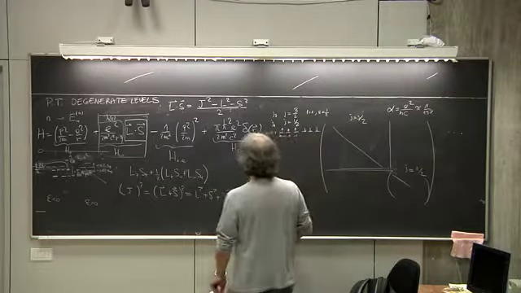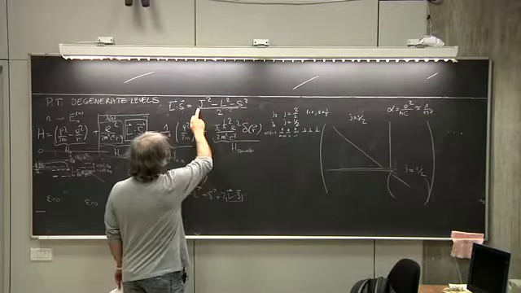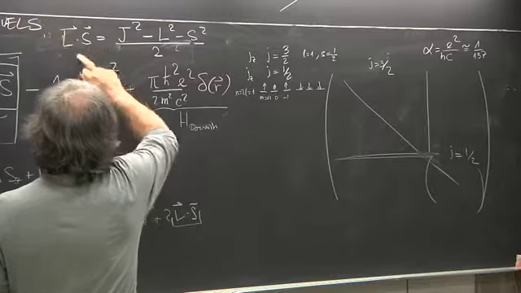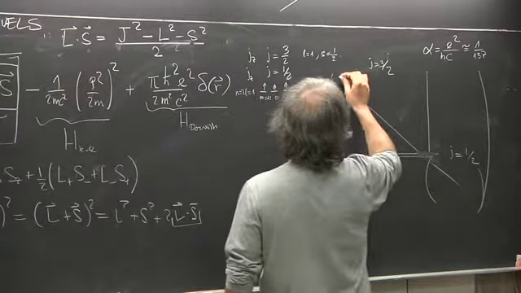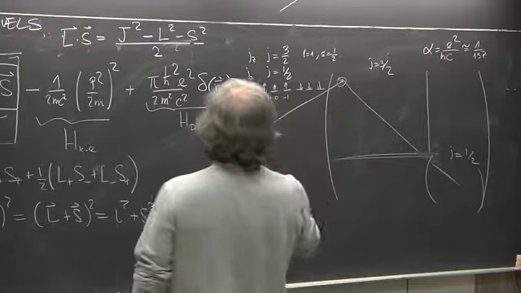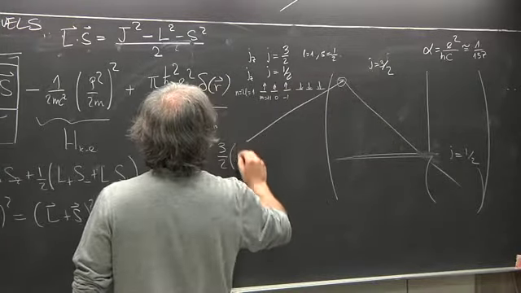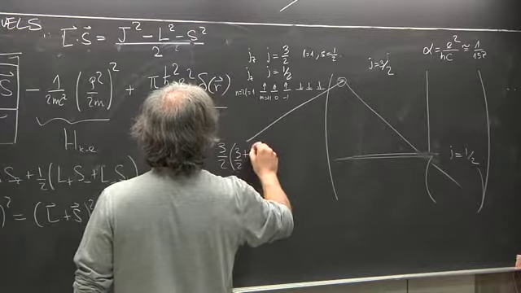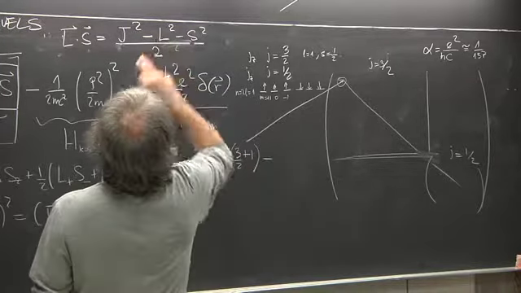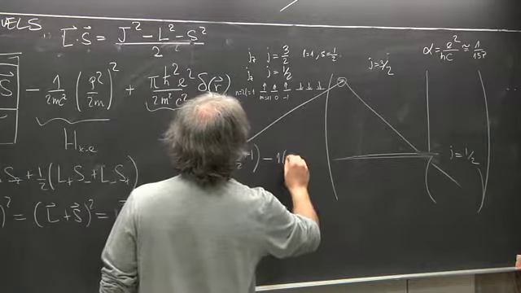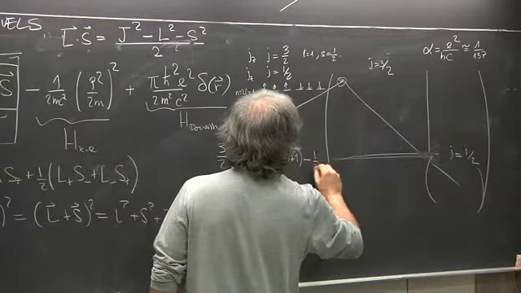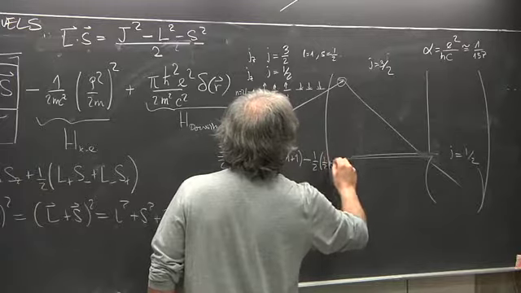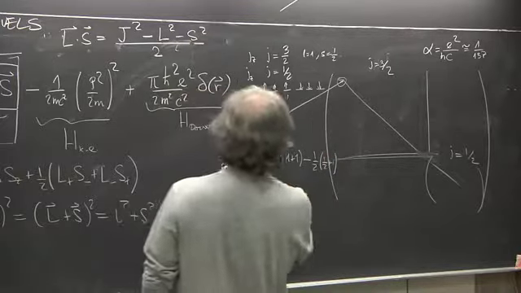The value of this thing for 3/2 would be, let's see, 3/2 times 3/2 plus 1, minus L square, which is 1 times 1 plus 1, minus S square, which is 1/2 times 1/2 plus 1, divided by 2.